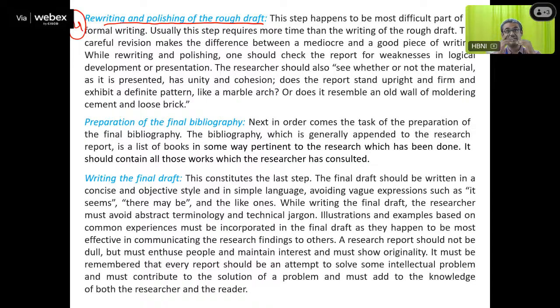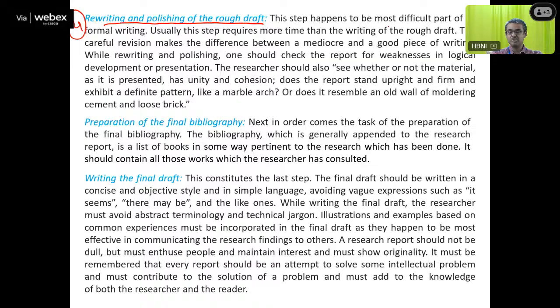And then during rewriting and polishing, our intellect comes into the picture, and also consultation. We always give a lot of stretch with other experts in the field, with literature, to polish whatever you have written as the rough draft.